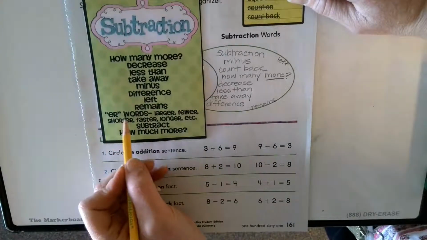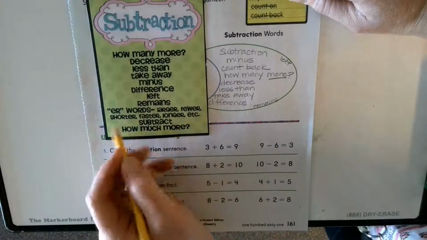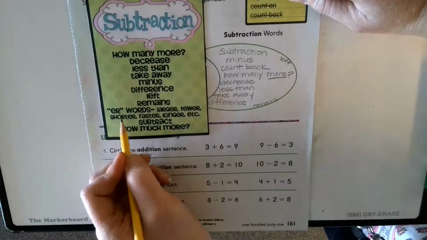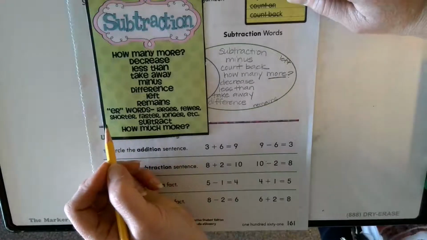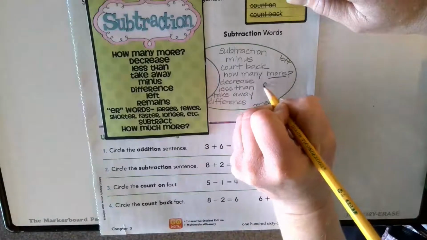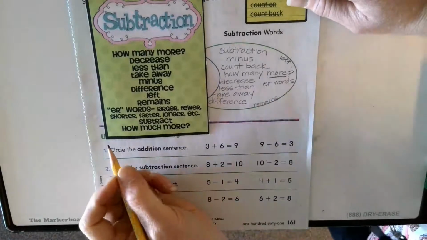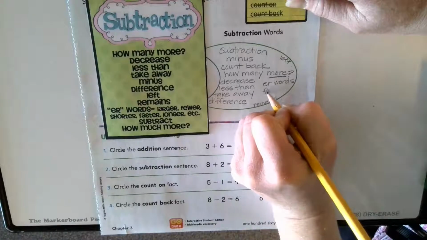And then we have ER words. Okay, so if you see larger or fewer or shorter or faster or longer, words that end with ER are going to tell you that you're going to be subtracting. Okay, so I'm going to put ER words. So larger, fewer. I'll write fewer.